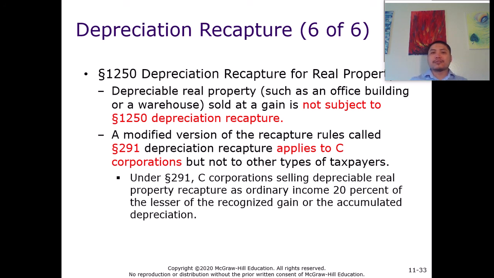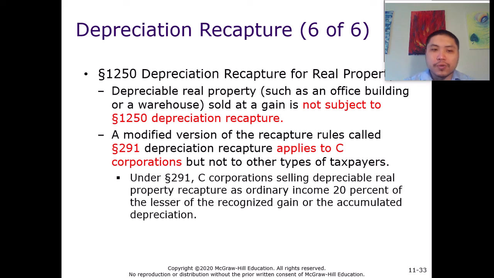So the Section 1250 recapture rule technically is not effective anymore. So let's not go deeper into that. However, the new law acted as a modified version of the recapture rule.